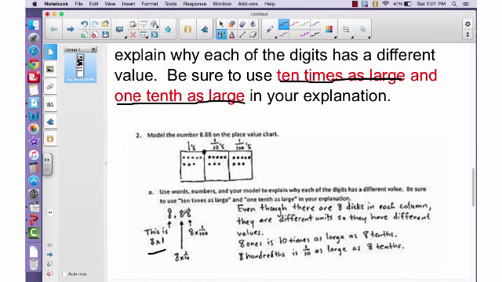An 8 in the tenths place is really 8 times 1/10. And an 8 in the hundredths place is really 8 times 1/100th. And here again they explain the 10 times as large or the 1/10 as large. You needed to have all of those things to get full credit on this problem.